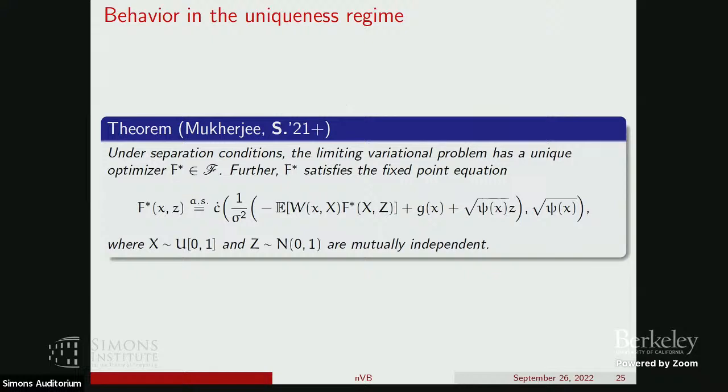This unique optimizer has a fixed point description. And this essentially governs law of large number type properties for samples drawn from the posterior distribution. So this is where this limiting description turns out to be useful for us. And I think this is what connects it to the themes of this workshop.